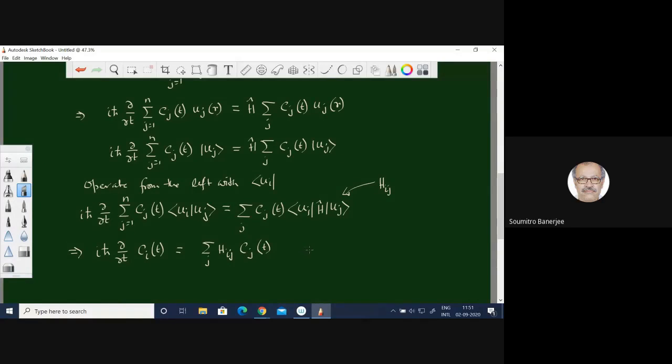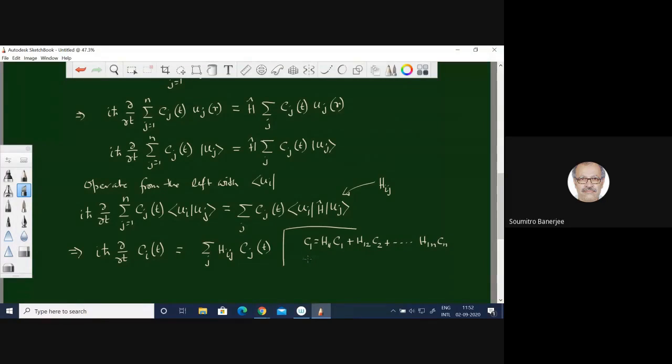So it is actually like, if you write each line, C1 is equal to H11 C1 plus H12 C2 plus, up to H1n Cn, like that.